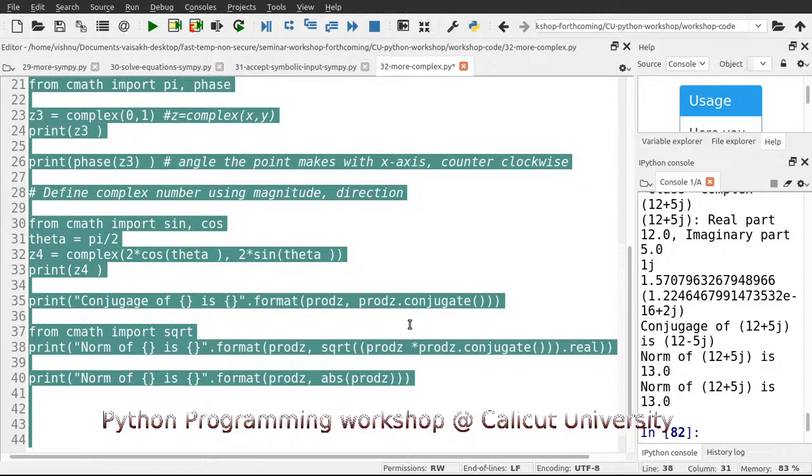Now there is one more technique available in Python for treating a rational number as a rational number instead of converting it into a numerical value. For that you need the Rational function.